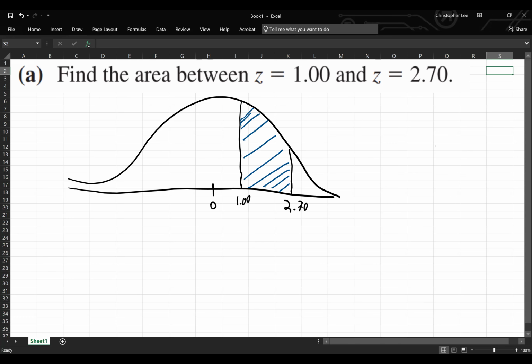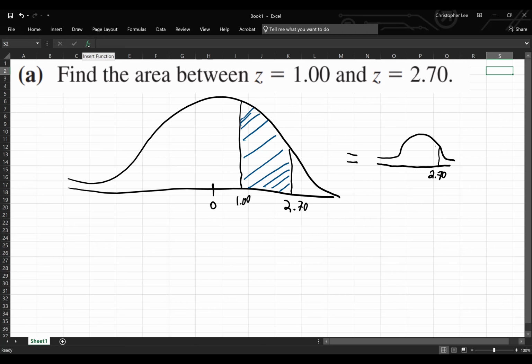As I was saying with the pictures, what can we do? You remember that our table only gives us areas to the left, for less than. So I can use that fact to help me find this answer. I'm just gonna do a little baby table right here. Let's say that this is 2.70.